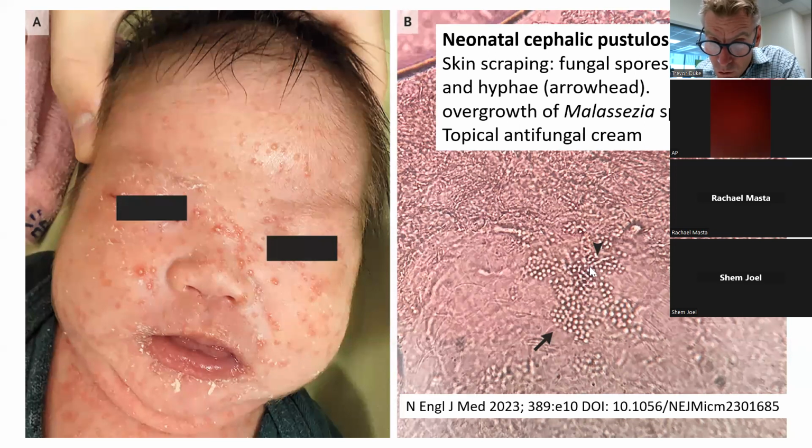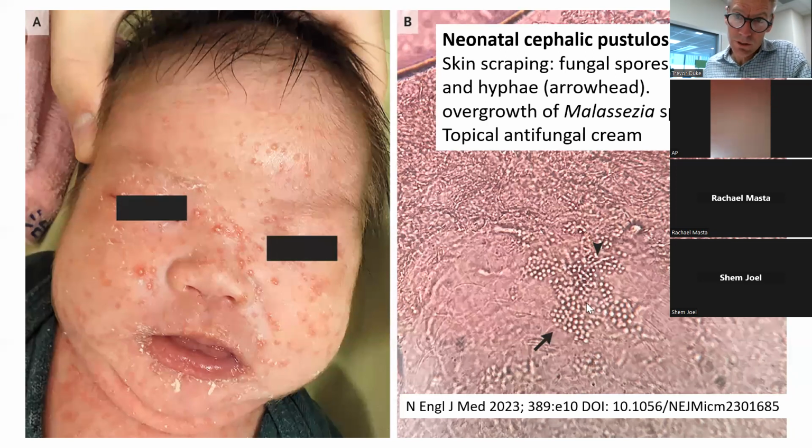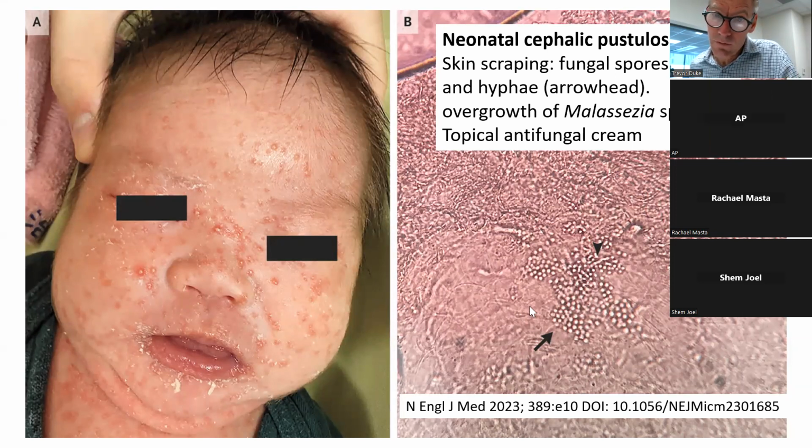The hyphae is the longer strand of fungus. This is a wet preparation under a microscope, and this proves that this cephalic pustulosis is due to an overgrowth of fungus. This baby looks very severe, but only needed a topical antifungal cream to treat it quite well.